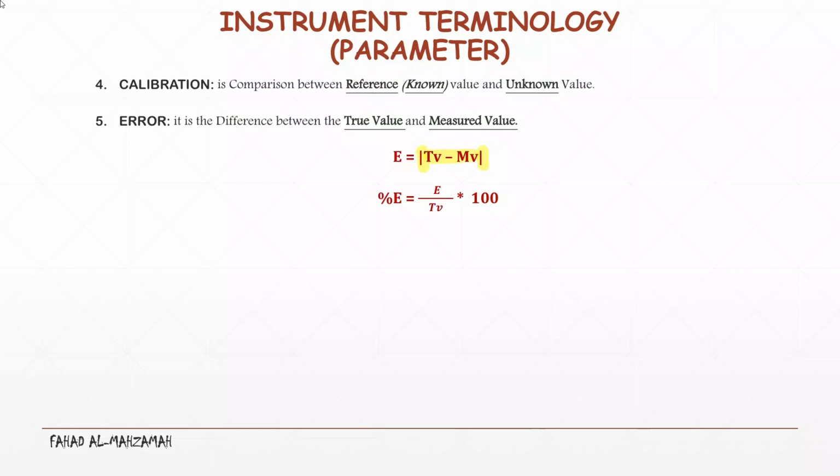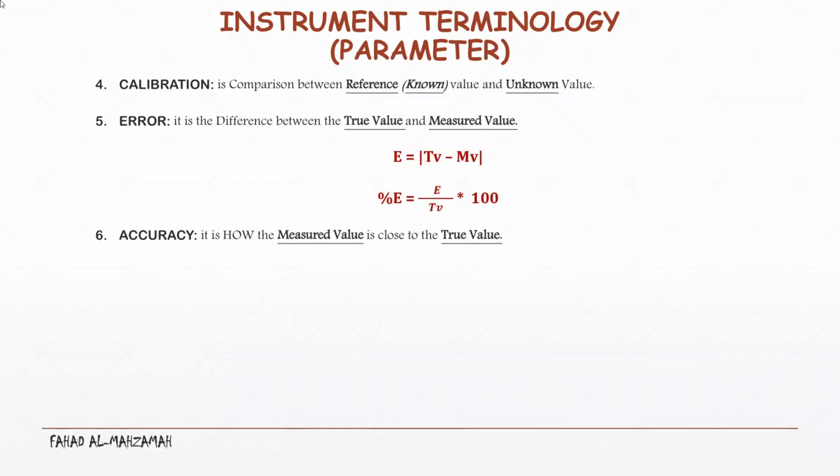Now there is another term which is called the percentage error. The percentage error is by taking the error that you have and dividing it by the true value, which is the known value that comes from the standard or reference device, and multiplying by 100. You will get the percentage error.